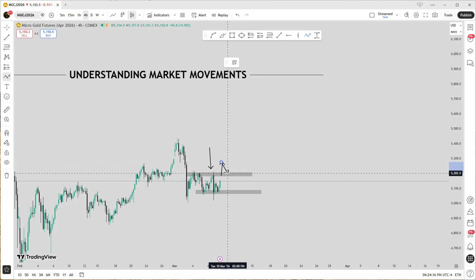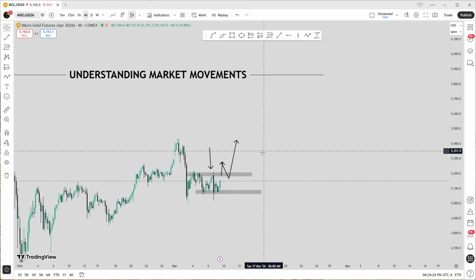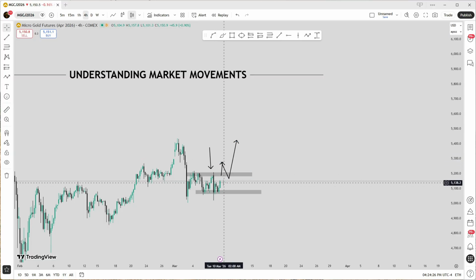I want to see a higher high, then the market come back to this zone to create a higher low, and then we'll place the trade to go back up here. So we need something like this for the market to start trending up, or we need something like this.